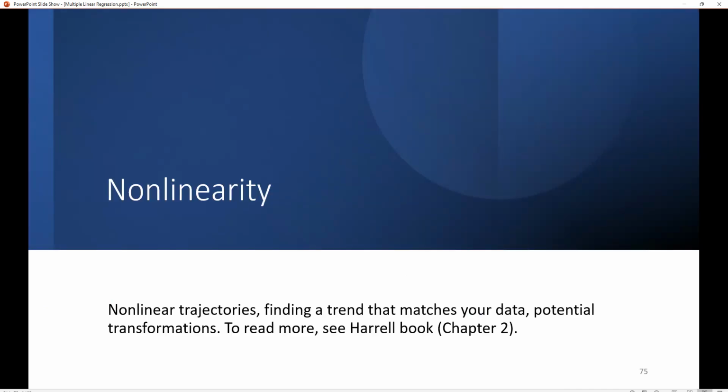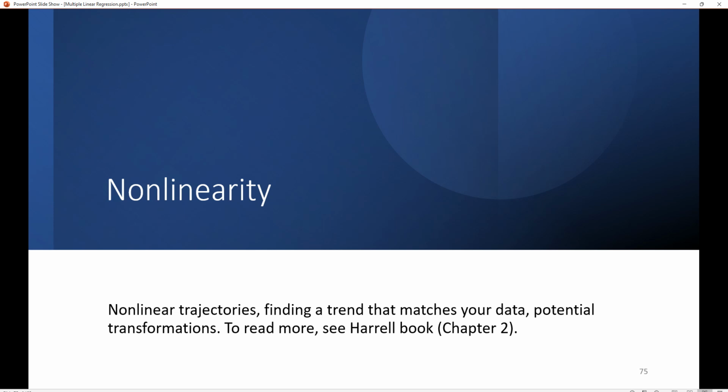And now we're into this last section on nonlinearity, and this is in our model assumptions, our multiple linear regression assumptions. We have the assumption of linearity, and that's something that we can relax. It's very seldom that you do see a perfectly linear trend.